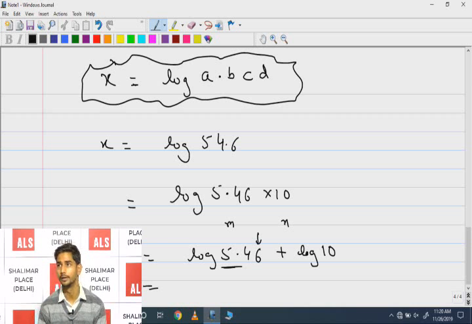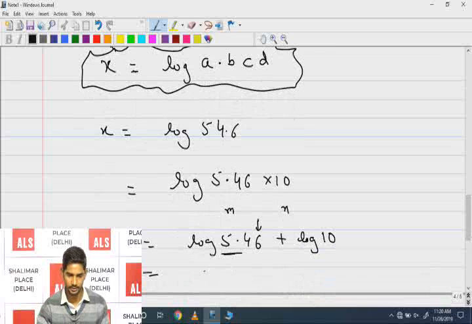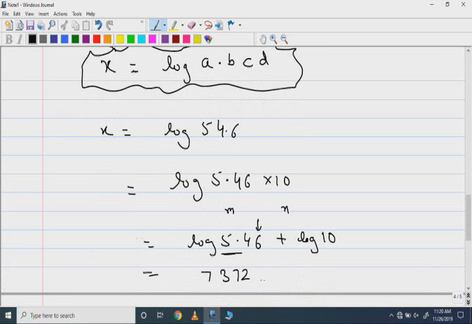Use the log table. It will become 0.7372. Log 10 is nothing but 1, so the answer would be 1.7372.